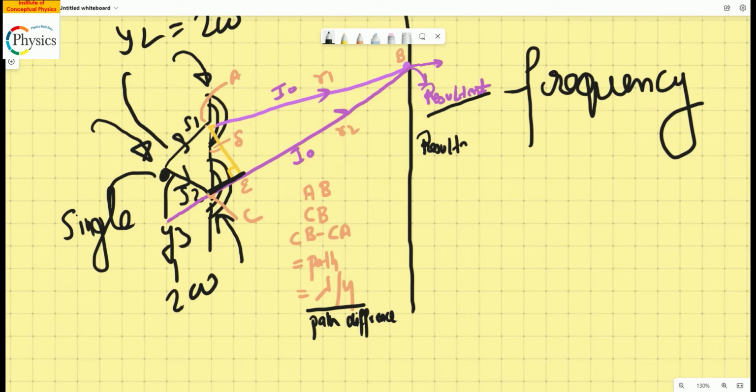The resultant intensity depends on the path difference, because path difference creates a phase difference. Go and see my video on the formulas and you will find a formula for resultant intensity. But anyway, I will write it straight away here.